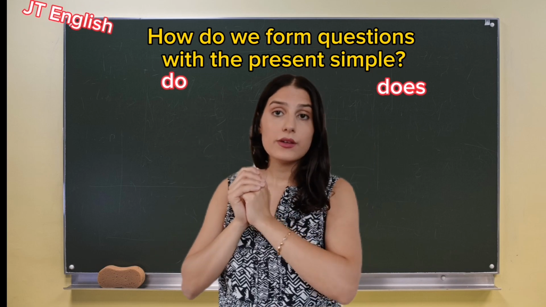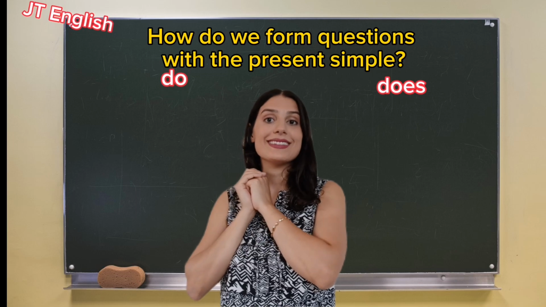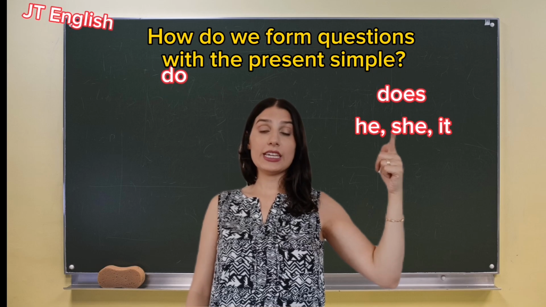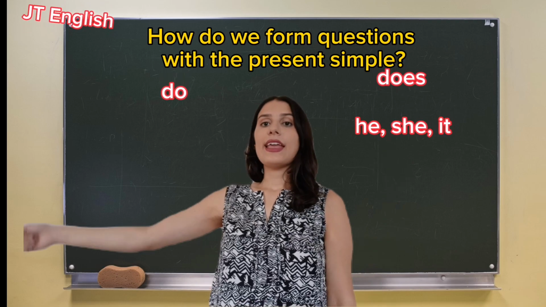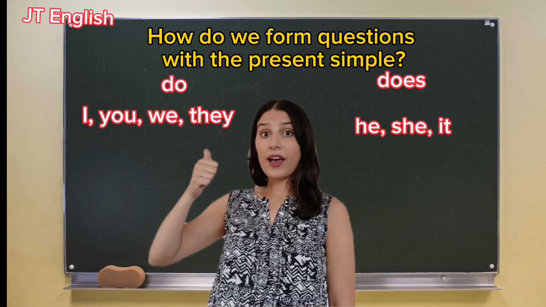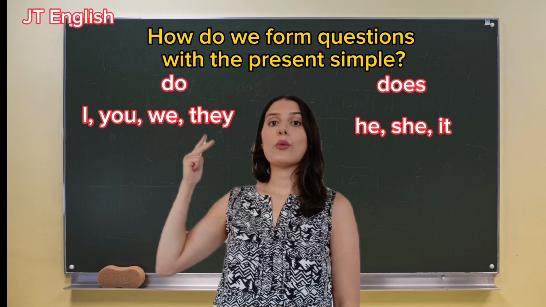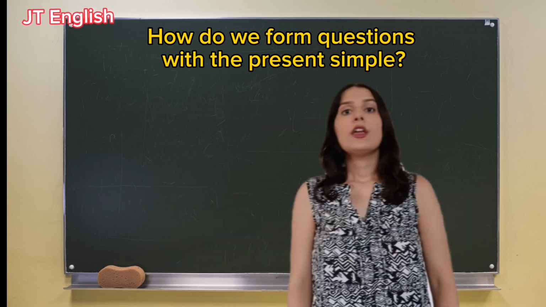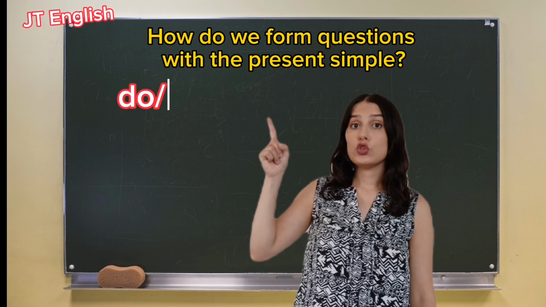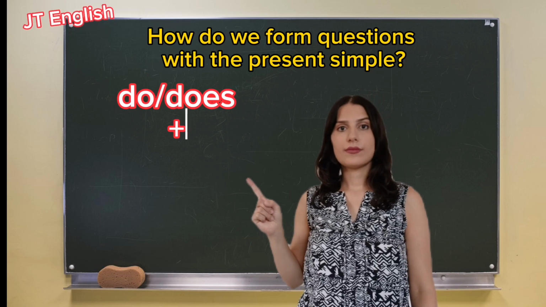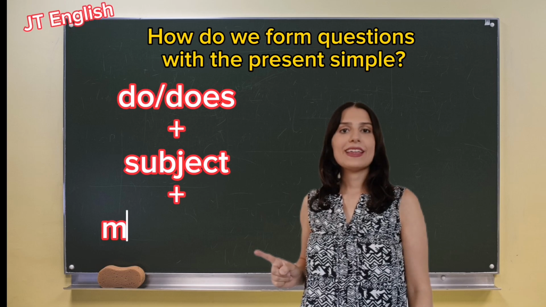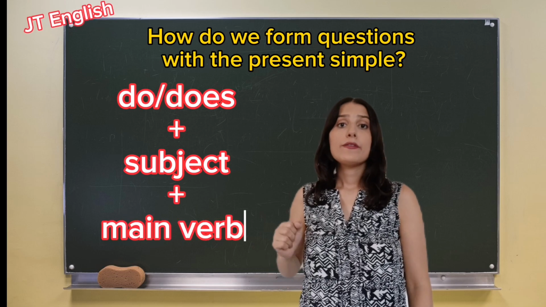Use does for the third person singular with he, she, and it, and use do with the others with I, you, we, and they. You can use this formula. Do or does, subject, main verb.